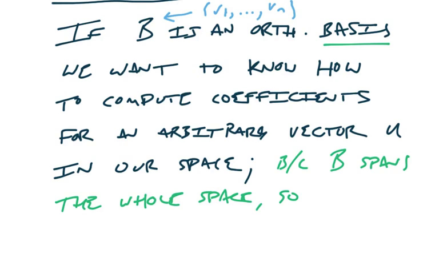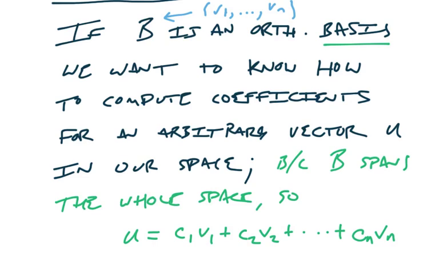All right, so this means that we would be able to find C's, C1 and C2, and so on, that would make these basis vectors add up, or in a linear combination, add up to this vector U that we're starting with in our space.